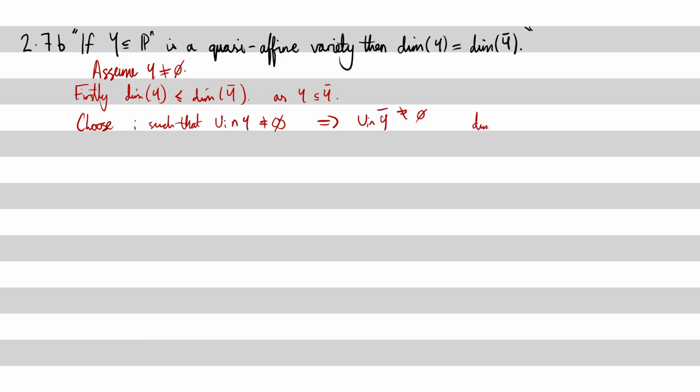Now, the dimension of the closure is equal to the dimension of U_i intersect its closure.